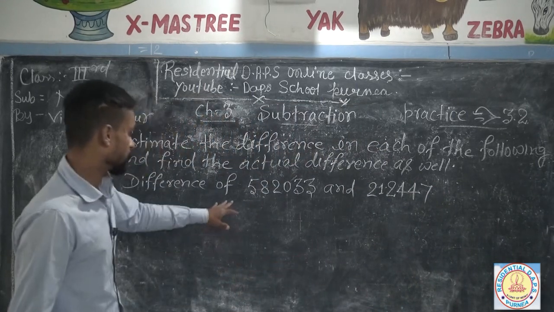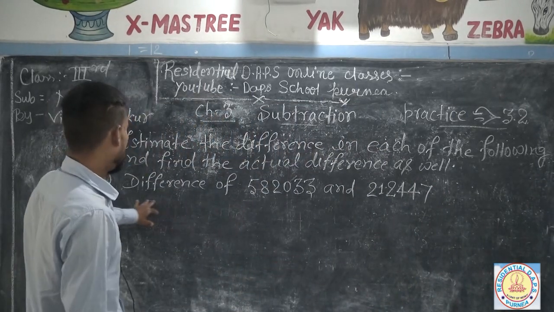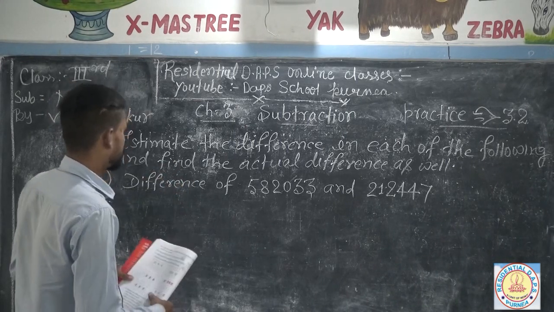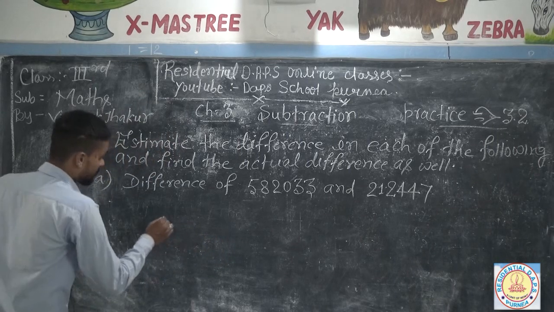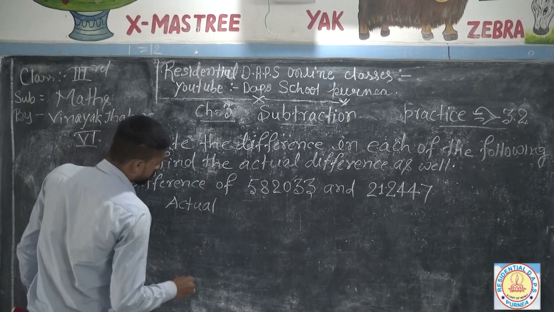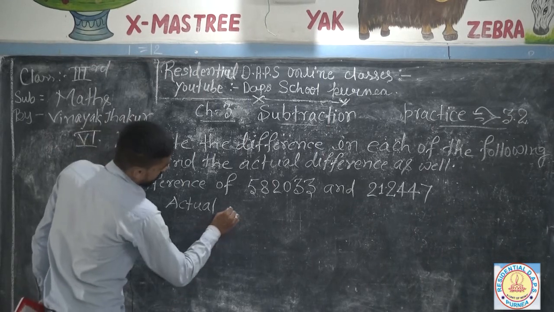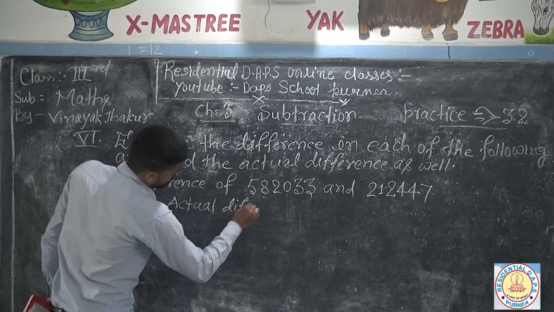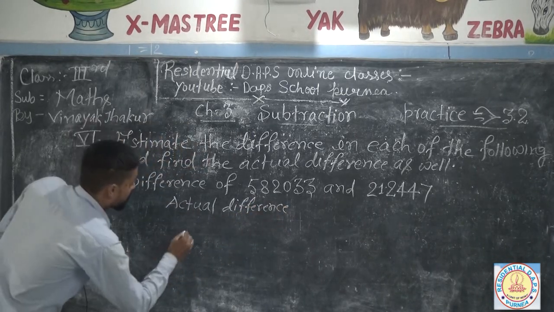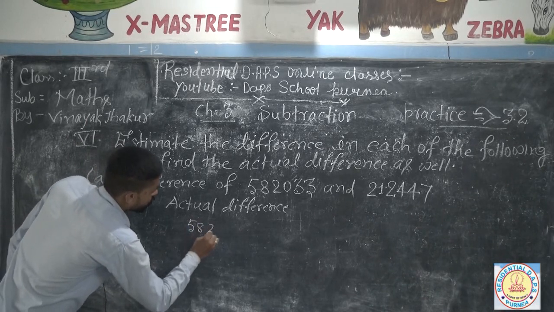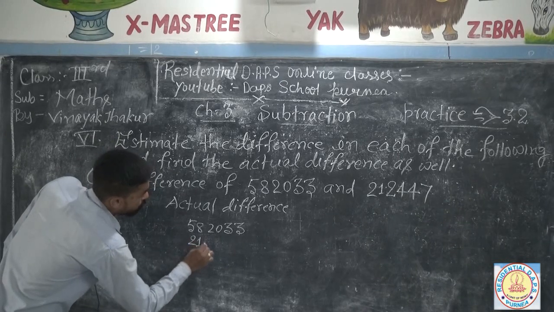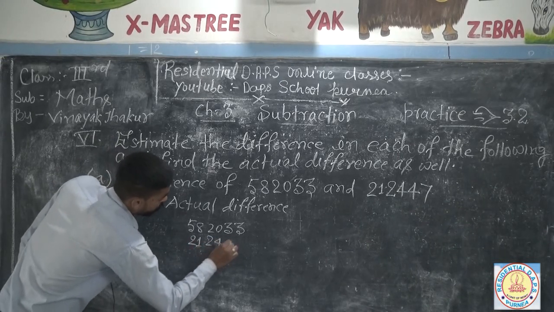These are the two numbers you are given, and you have to find the estimated difference and the actual difference both ways. So at first, the actual difference: 582033 and 212447.